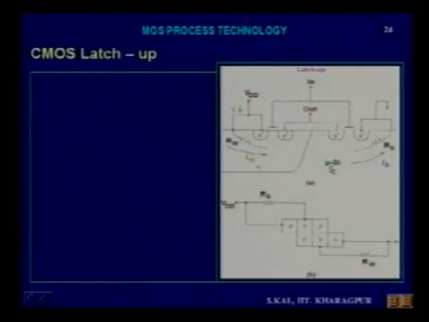This P is the substrate. So P, N (the well), and P: one PNP transistor will be formed here. This is a vertical PNP. P, N is the well region, and another P is the P substrate. So this is the PNP transistor.